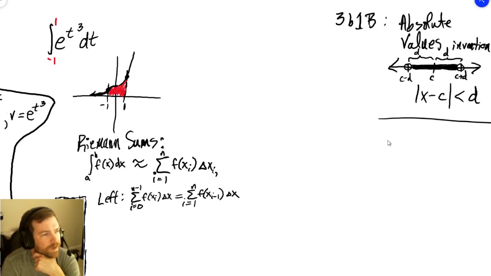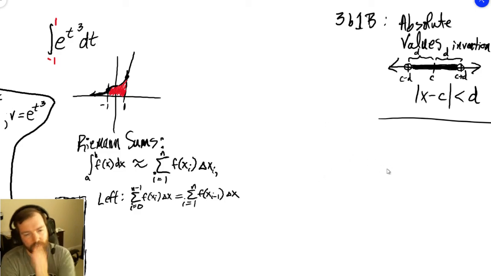So my other one was a project-based approach to the unit circle. It basically starts out like, let's discuss this as if it were just a standard unit circle.